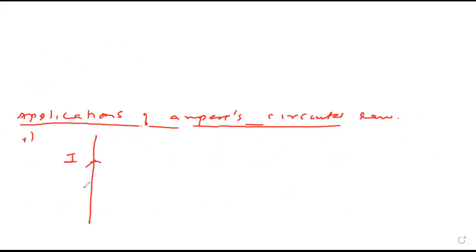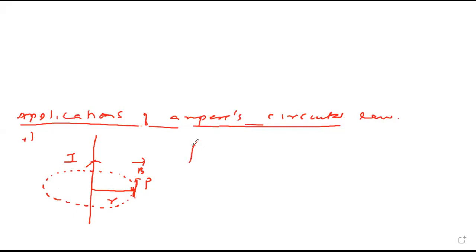Find magnetic field by Ampere's circuital law. Let P be a point at a distance r near a long straight conductor. Draw an Amperian loop with center on the conductor and radius r; it will pass through point P. Intensity at point P is B bar.